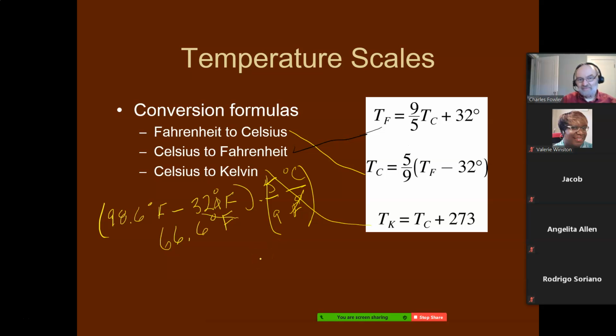Because my calculator was acting up today, I'm going to do 3 will go into 9 3 times, and 3 will go into 66.6 22.2 times. And then I know 3 will go into 22.2: 3 will go into 21 7 times, and 3 will go into 12 4 times.